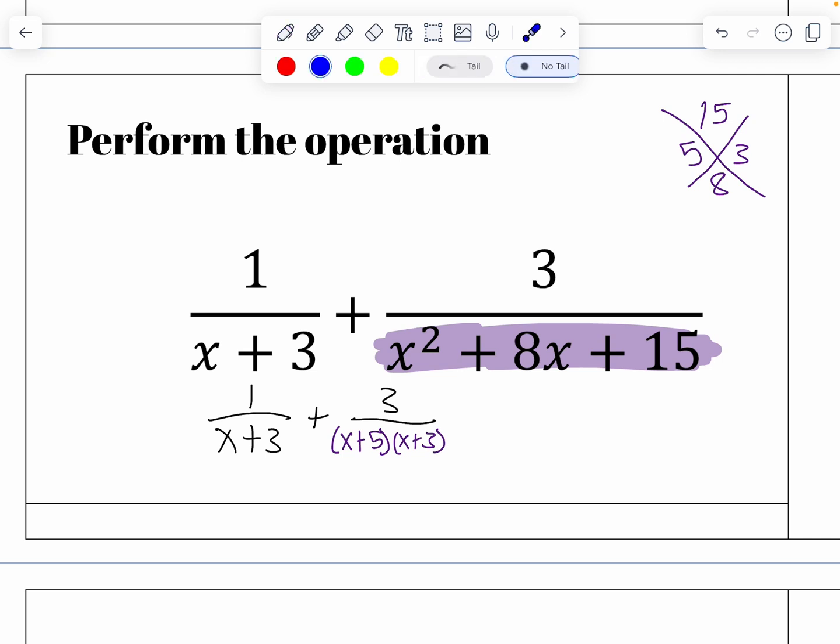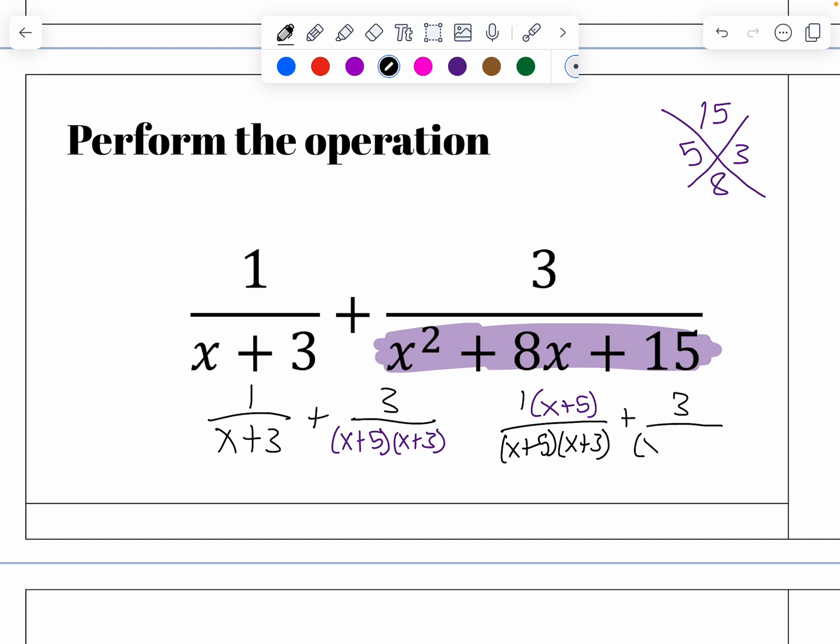And if I notice, I have something in common here. So my full common denominator is this piece right here. I have the x plus 3 on both of them, but this first fraction needs that x plus 5 before I can start performing that addition. So I have 1 times x plus 5 all over my full common denominator on my left side, plus 3.